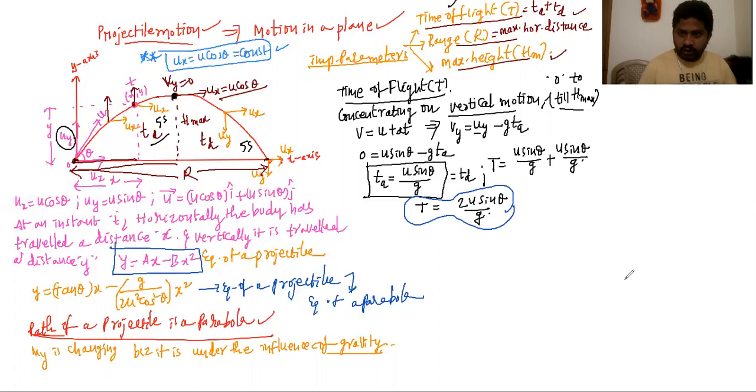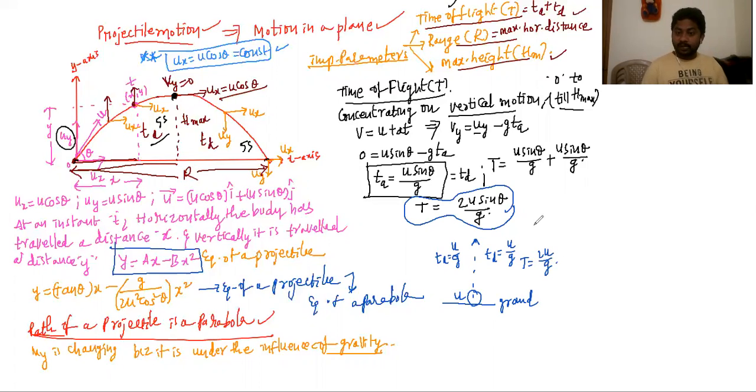Here what I would like to tell you is the same concept. Let us compare this with a vertically thrown body. A body is thrown vertically with the initial velocity u. Time of ascent is u by g, time of descent also u by g, my dear students. So the total time of flight is 2u by g in this case.